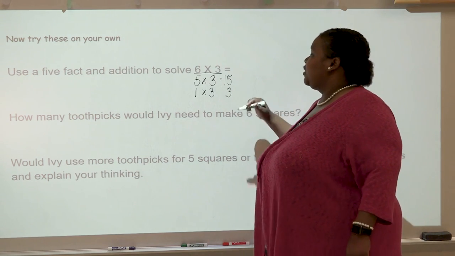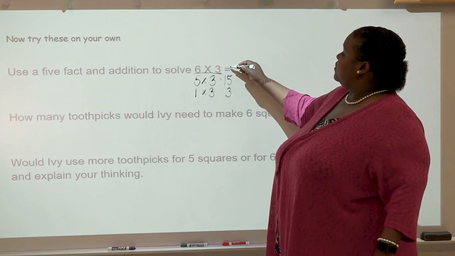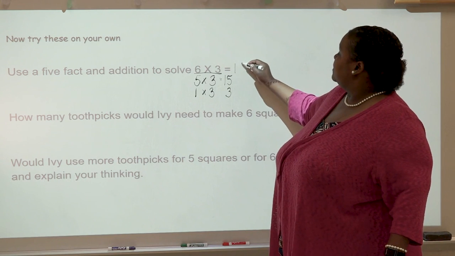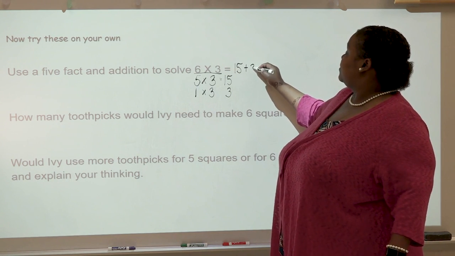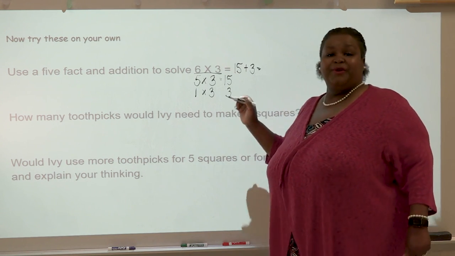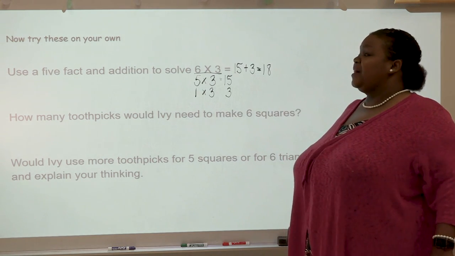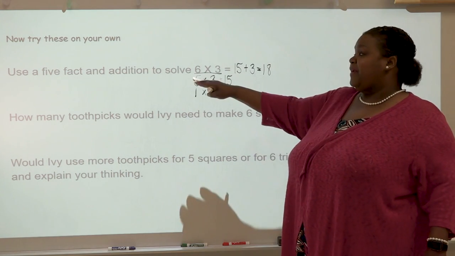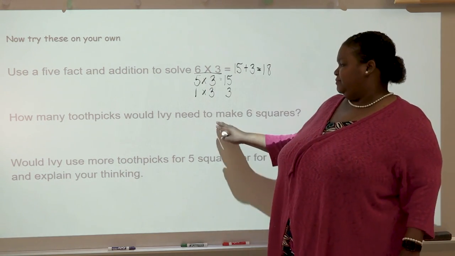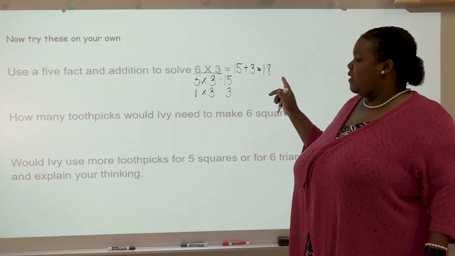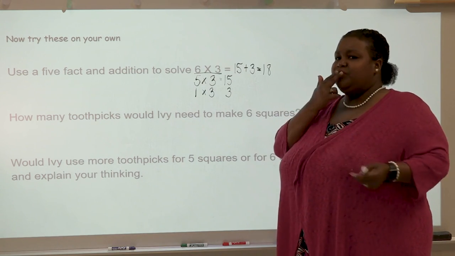Let me write it going across. 6 times 3 is equal to 15 plus 3, which would add up to 18. 18 would be the product, using my 5-fact to solve.